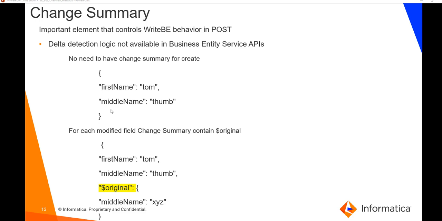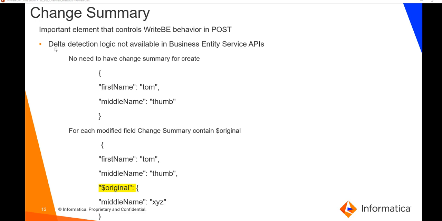For MDM to know it's an update call, change summary is important. The way the system knows it's an update call is that in the request you need to pass the dollar original tag. Once a call has dollar original mentioned, the system will know that it has an update request.